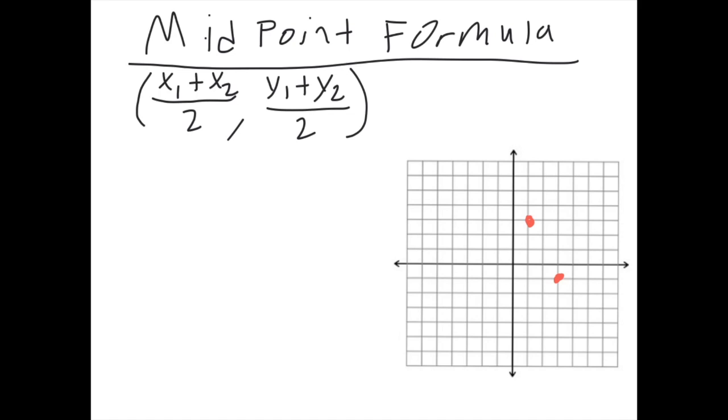Alright, so let's look at these 2 points. We have this point right here, which is the point 1, 3. And then this point right here, which is the point 3, negative 1.